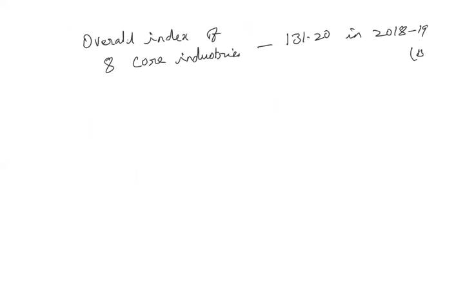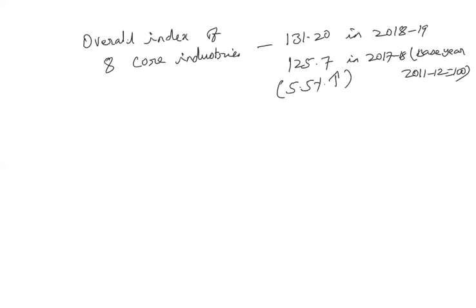The base year is taken as 2011-12 equal to 100, so that is the reference period, and 2018-19 is the period under review. It was found to be 131.20 in 2018-19, as against only 125.7 in 2017-18. That indicates a 5.5% higher growth rate. This is the production of the overall index of all the 8 core industries put together.